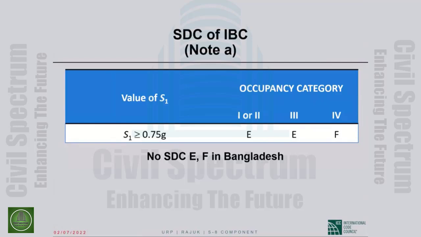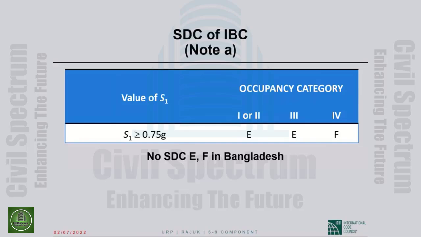If your site is located where S sub 1 can equal or exceed 75% of g, which can happen only in the vicinity of faults that can generate large earthquakes, then non-essential facilities, occupancy categories 1, 2, and 3, are design category E, and essential facilities are design category F. So a hospital close to a fault that can generate large earthquakes would be design category F, as in Frank.